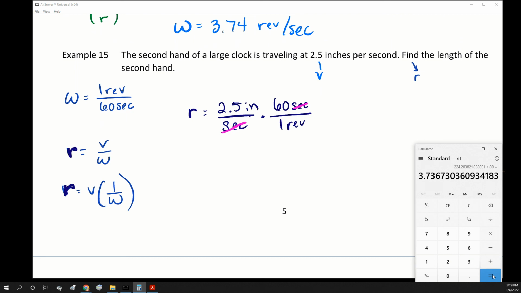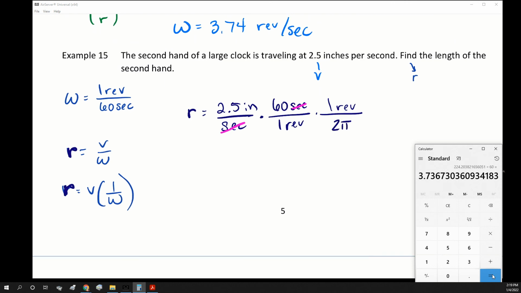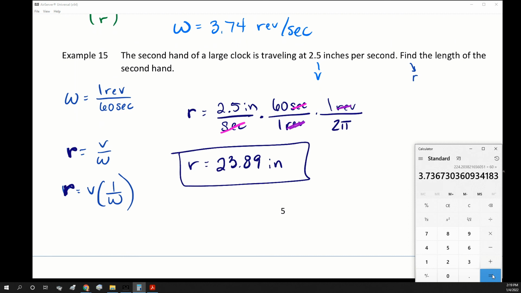Now that doesn't make sense for a radius, so I want to cancel revolutions. I have to change it to a type of angle that has no unit because there is no angle unit in radius, and that is radians. So that's going to be 2 pi in the denominator. My revolutions are going to cancel, and it's going to be 2.5 times 60 over 2 pi, which is 23.89 inches. That is a very large clock.